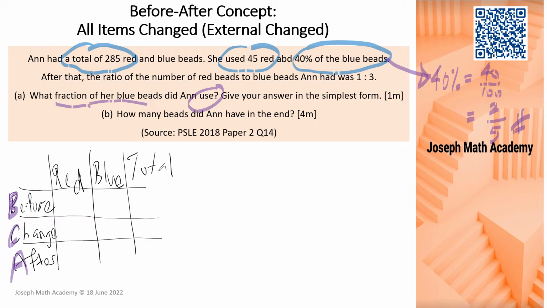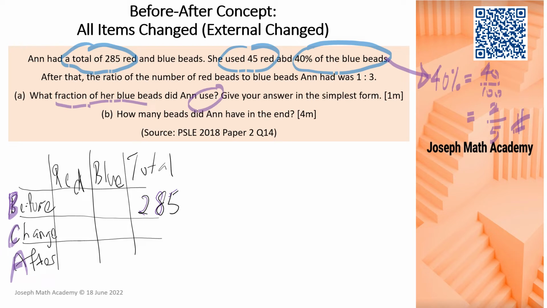Now let's plug in the information given in the word problem. N had a total of 285. So here should be 285. Easily understood. So total beads before is 285, blue plus red.